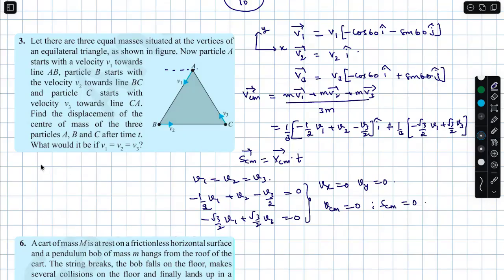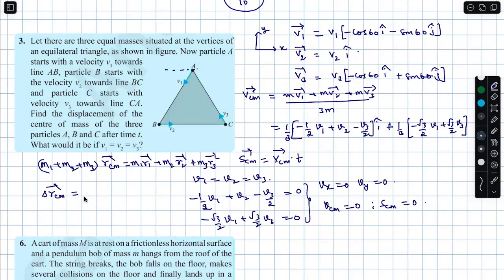M1 plus M2 plus M3 times RCM bar is M1R1 bar plus M2R2 bar plus M3R3 bar. Correct? And then differentiate. Delta RCM bar is, all the masses are same here because all the masses are same.